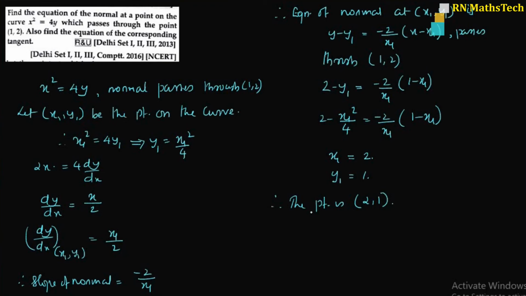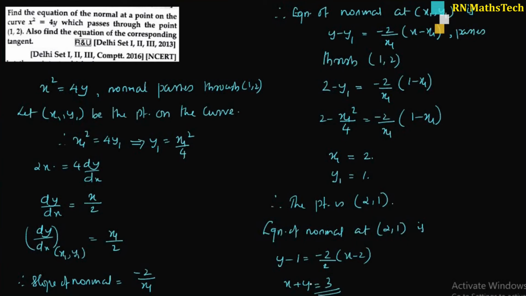Therefore the equation of normal at 2, 1 is y minus 1 is equal to minus 2 by 2 into x minus 2, that is x plus y is equal to 3. Now the equation of tangent is y minus 1 is equal to 2 by 2 into x minus 2, or x minus y is equal to 1.